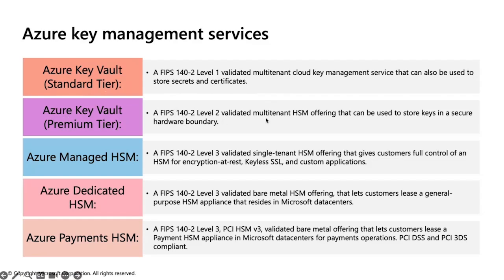The premium tier is a multi-tenant HSM, a hardware security module, and it is FIPS 140-2 level 2 validated. But this is multi-tenant, which means multiple organizations share the same platform in the backend.